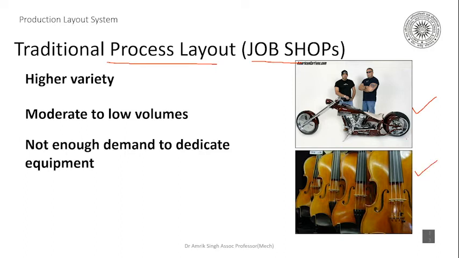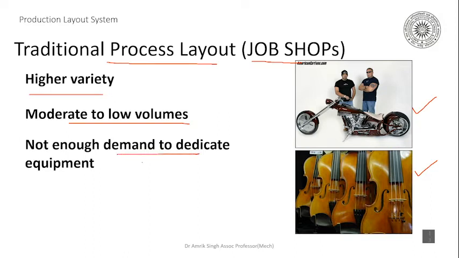Harley Davidson is made only in small volumes, at specific order. Similarly, these are also small volume production. So we can say high variety and moderate to low volume. The volume is very small when they are produced one or two, but variety is more.